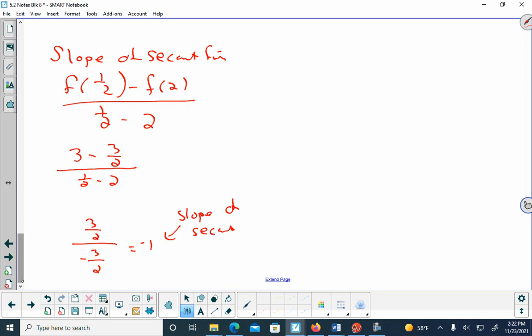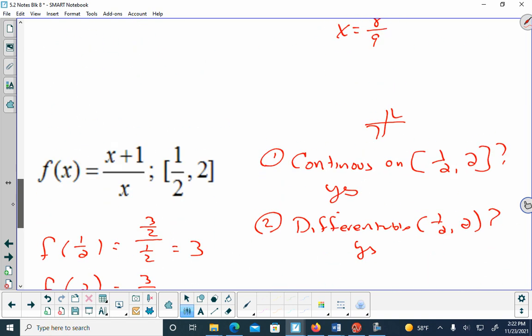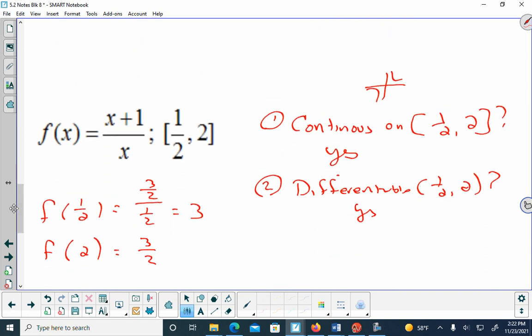Good catch. Now what do I do? Find the derivative. Are we leaving it like that and doing the quotient rule, or we're going to divide by x? Okay, so I'm going to rewrite this. F of x is equal to x over x plus 1 over x, yes?